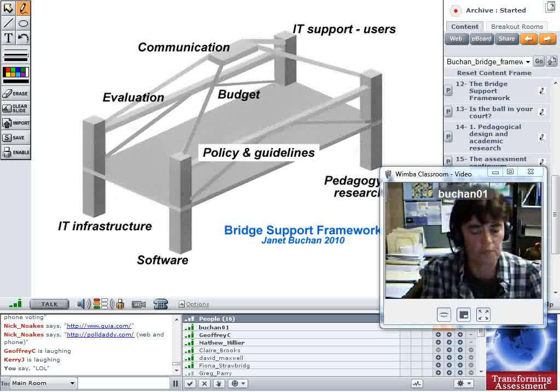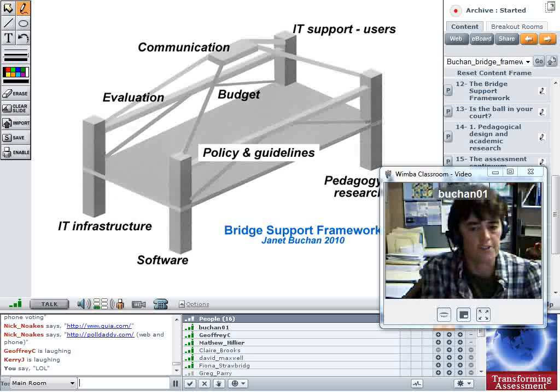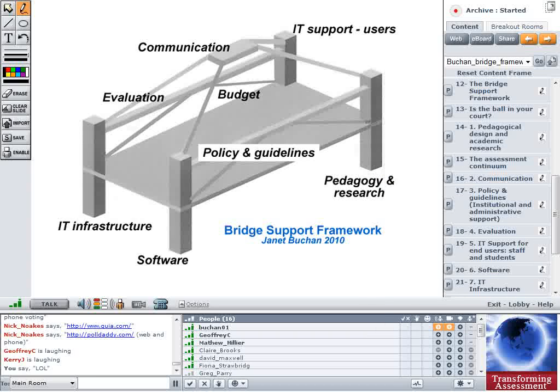I'll go through each of them in detail. The pillars are communication, IT support for end users, evaluation, budget, policy and guidelines, IT infrastructure, software, and pedagogy and research.